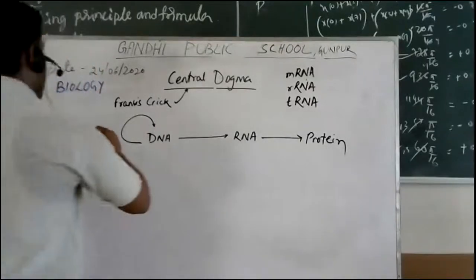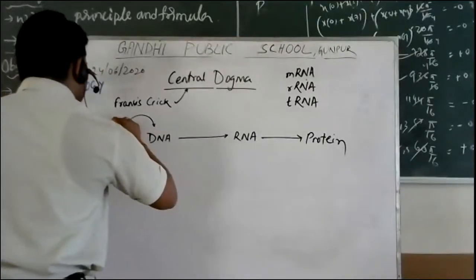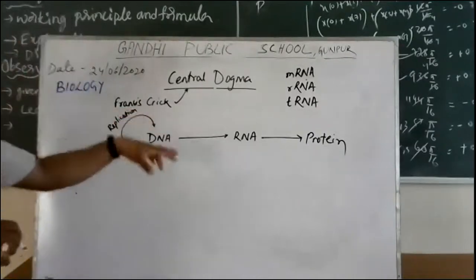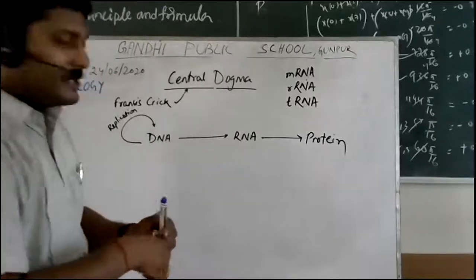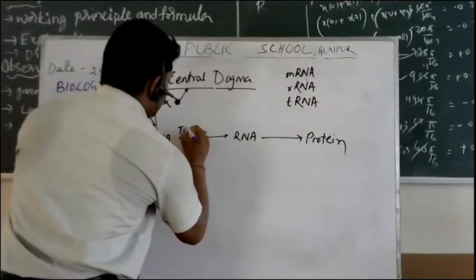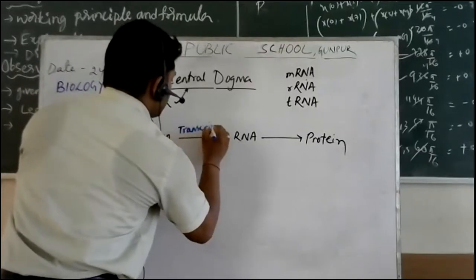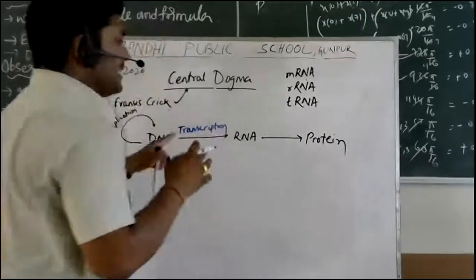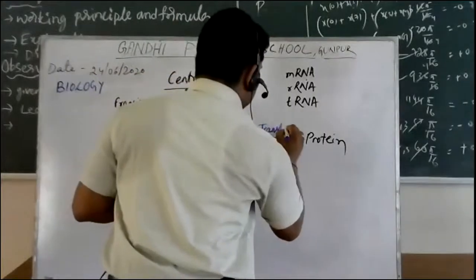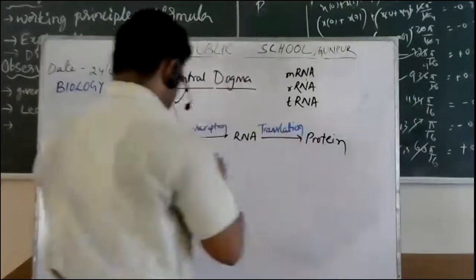It makes copies of itself by replication. Similarly, DNA to RNA is transcription, and RNA gives rise to protein by the process of translation.